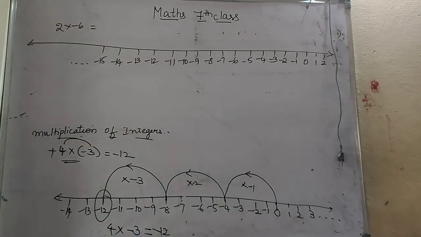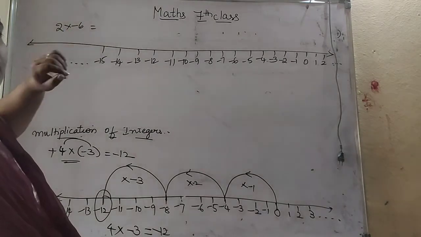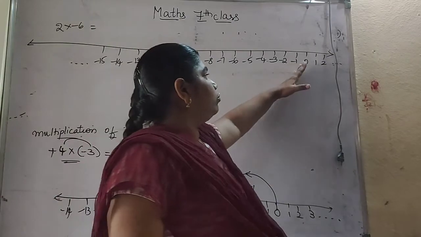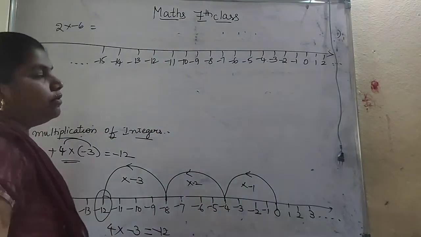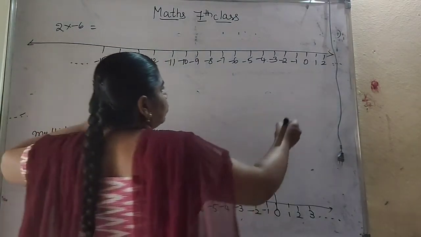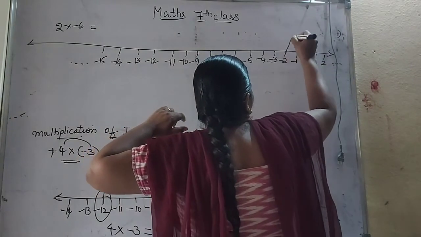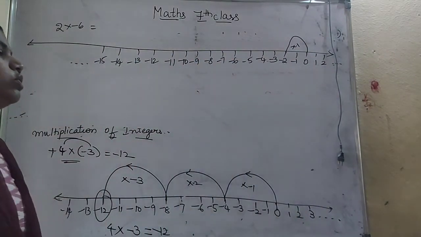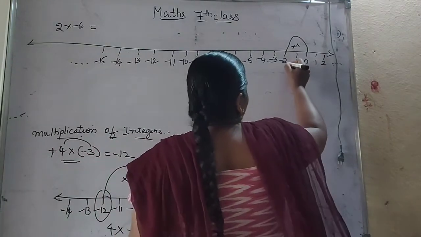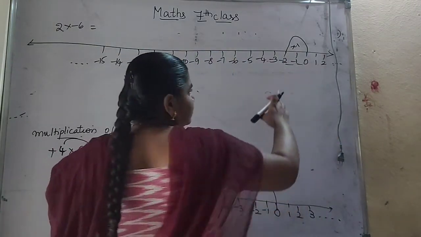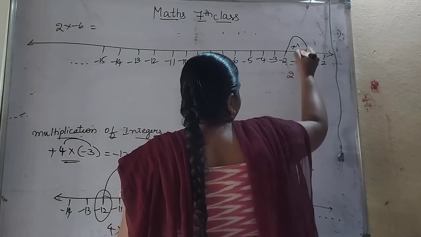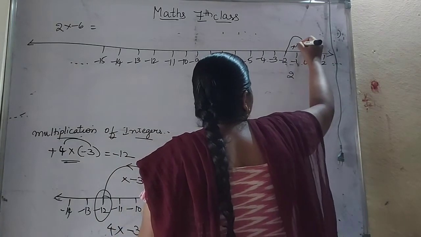And so on. So now 2 we have to multiply how many times? Minus 6 times you have to multiply. Minus is a negative value, so again we have to move to the left side itself. So 2 means from 0 to minus 2, this is into 1 time, into minus 1 time. So 2 into minus 1, how many times do we have to move? 2 times. First place, second place, 2 times we are moving. 2 into minus 1 will be equal to minus 2.